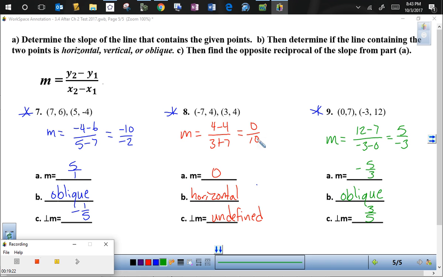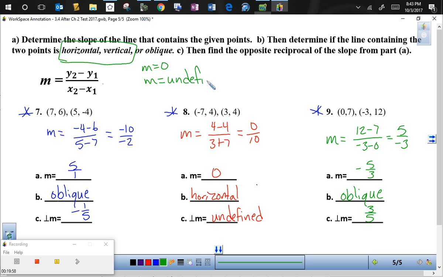Remember our 0, we're going to have horizontal or vertical, and then the slope is either going to be 0 or undefined. Those are our only 2 options. So you just have to decide, can you have a 0 on top? And you can, that's okay. So 0 divided by 10, if you type it in, if you can't remember, gives you 0, so that's what we write over here.